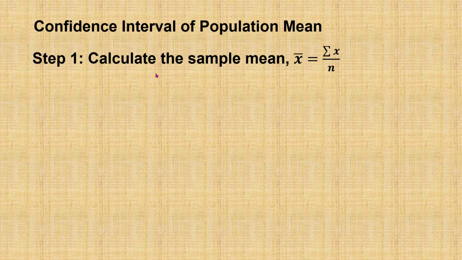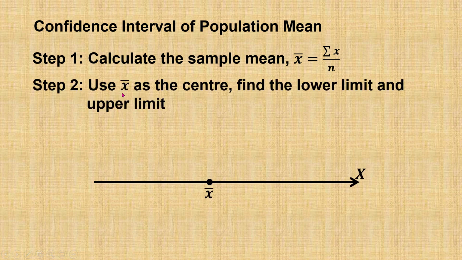So now, as a conclusion, to find the confidence interval of the population mean, the first step is to calculate the sample mean by using the sum of x divided by n. Then using this sample mean as the center, we find the lower limit and upper limit.